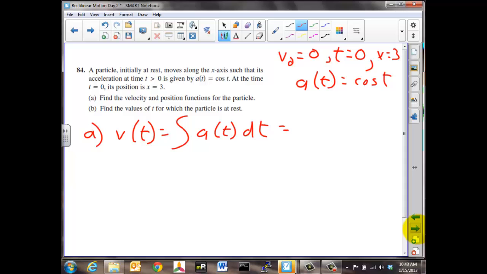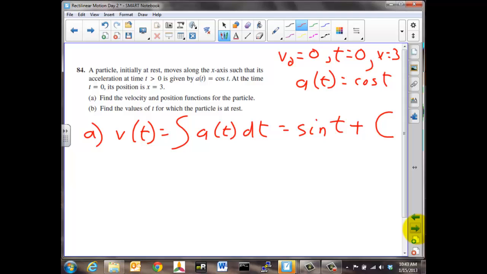Sine. So we get the sine of t plus a c. Don't forget that. How do we figure out what that c is now? We can put 0 in for t, and set it equal to what? Not 3.